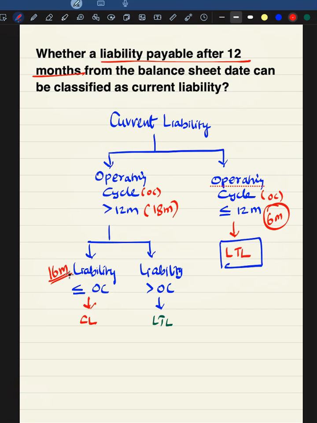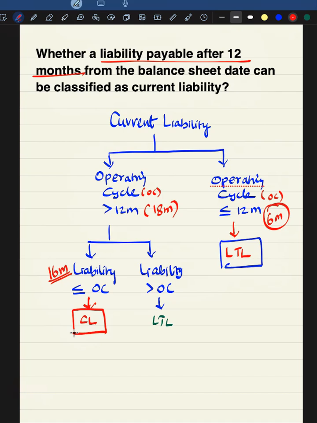So from balance sheet date, it is payable within 16 months. So this liability period is within the operating cycle of 18 months. In such case, this liability has to be classified as current liability.